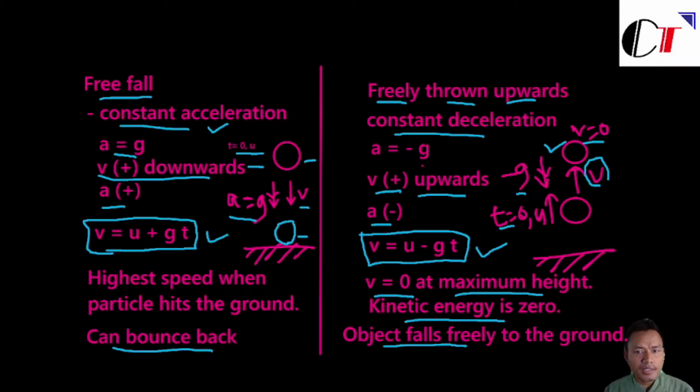So we have the free falling motion and the freely thrown upwards motion. Of course, we studied them individually. In free falling motion, the object is initially at a certain height, and it can have a certain initial velocity, or if it simply drops, the initial velocity can be zero.